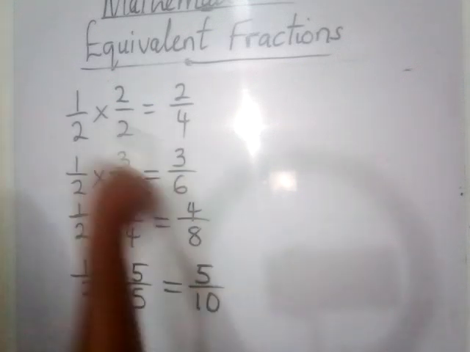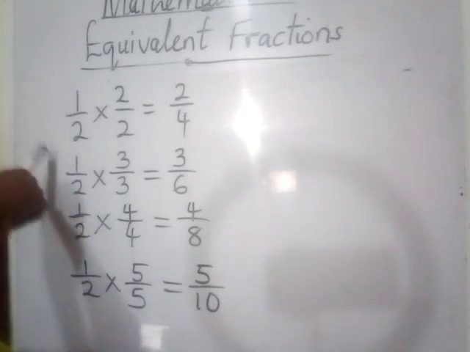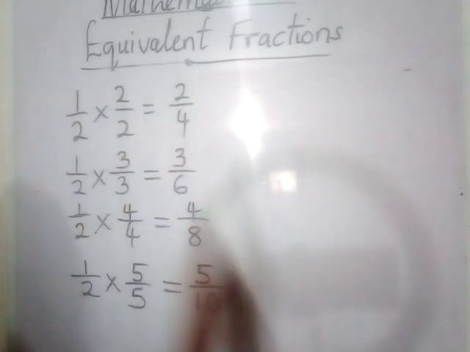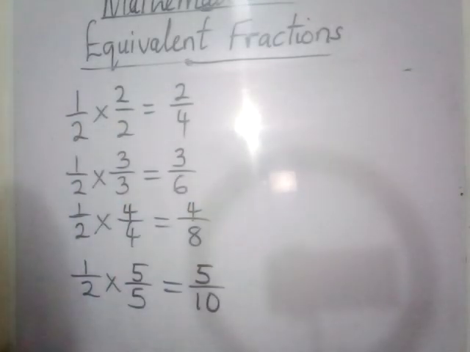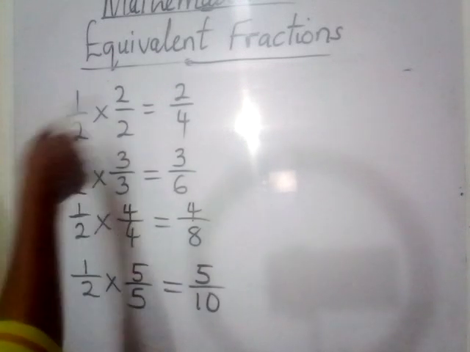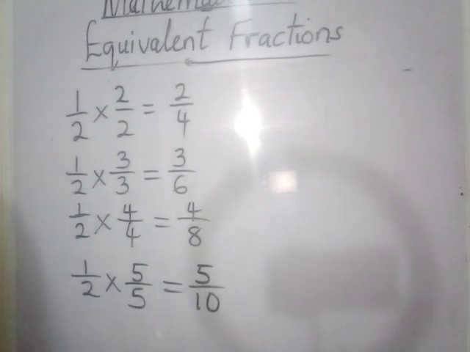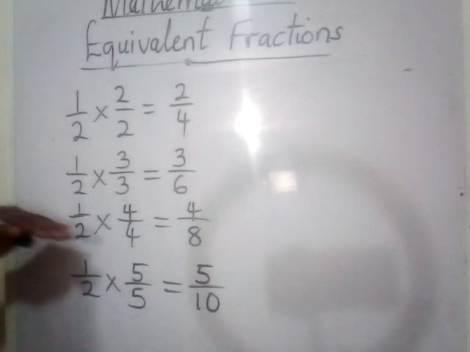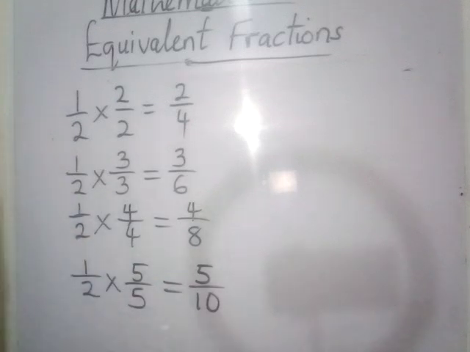Remember the first example we showed just now, we showed you 1/2 times 2/2, it gave us 2/4. And then we used a model, something that we can use our eyes to assess and see if it confirms what we are trying to do here. Now we're just going to go ahead and use that rule.